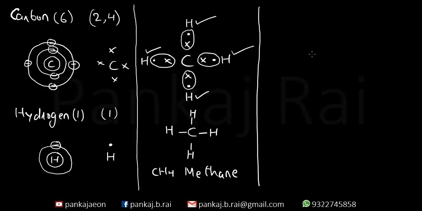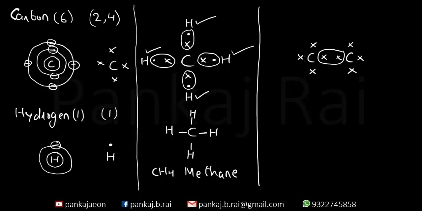Let's say there are 2 carbon atoms. This is the first carbon atom and there is one more carbon atom beside it. And let's say these two carbon atoms share one electron each between them. That is, let's say they start sharing these two electrons. So now both the carbons are having 5 electrons.